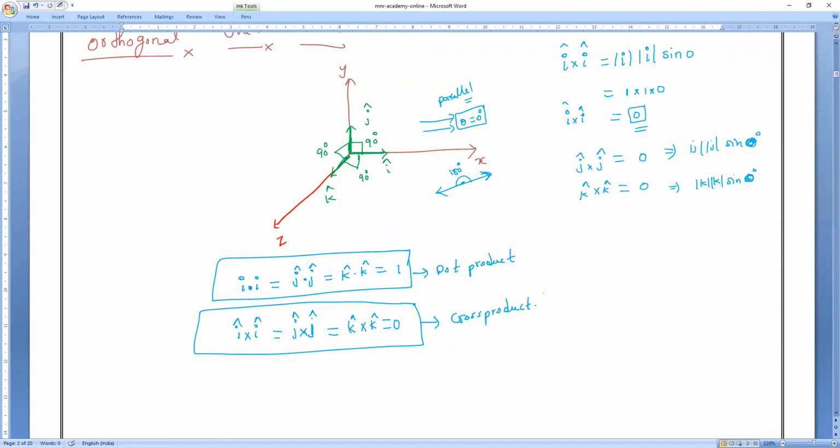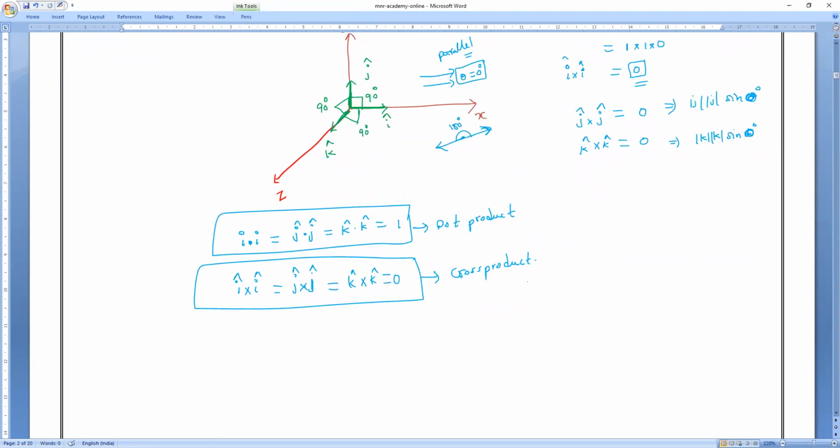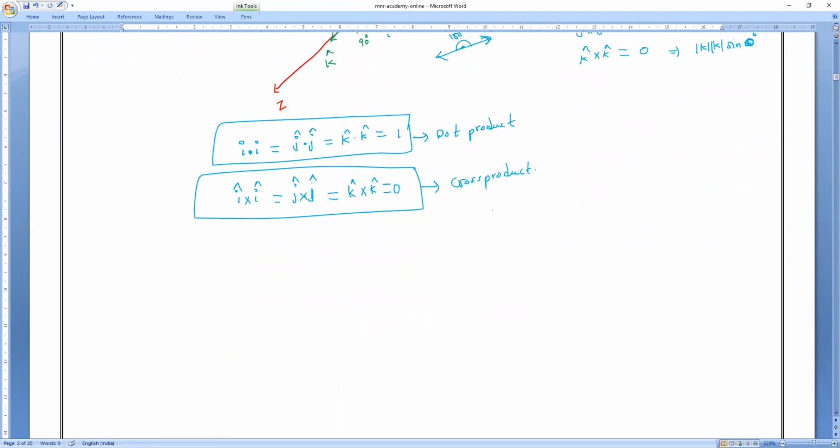Now, let us verify what is J cross K and I cross K and all. I will teach you a shortcut also, no problem. First let us go back to the dot product. I dot J and J dot K, and K dot I. What is the answer? 0.